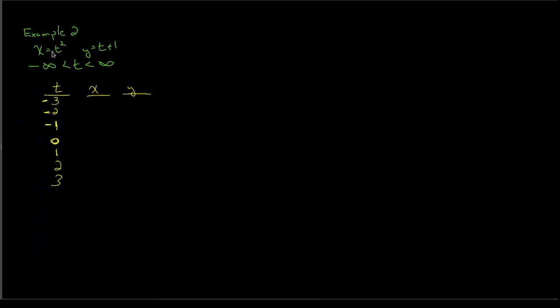And so x is t squared, so 9, 4, and 1, 0, 1, 4, and 9, and y is t plus 1. So negative 2, negative 1, 0, 1, 2, 3, 4.